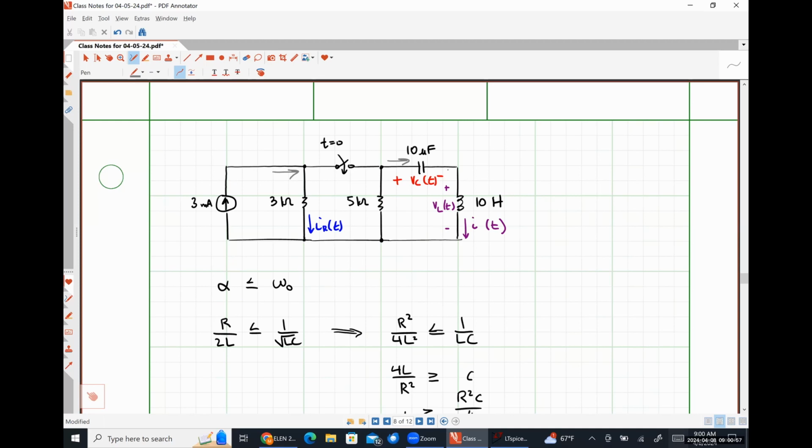So realistically, I could do Kirchhoff's current law and find the current that's flowing through the parallel combination of the 3 kilo ohm resistor and the 5 kilo ohm resistor, and then use current division to sort that out.